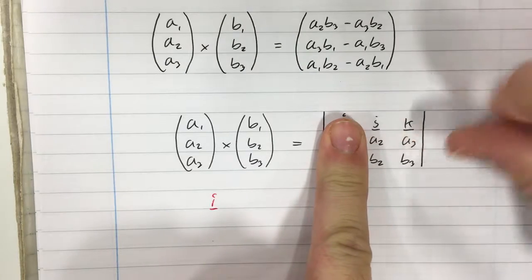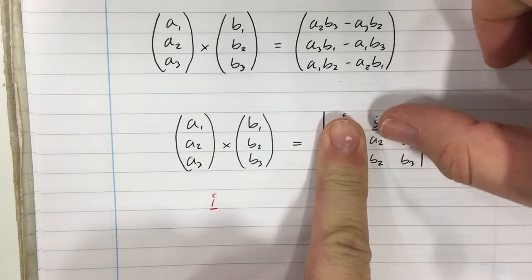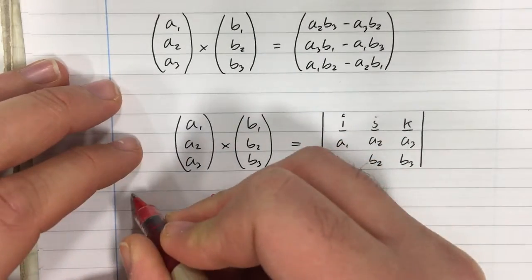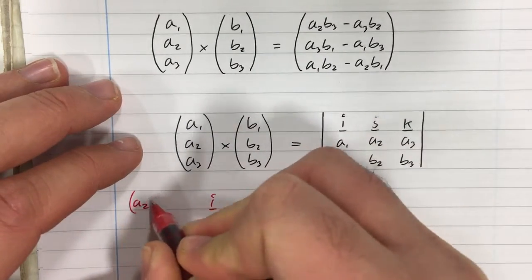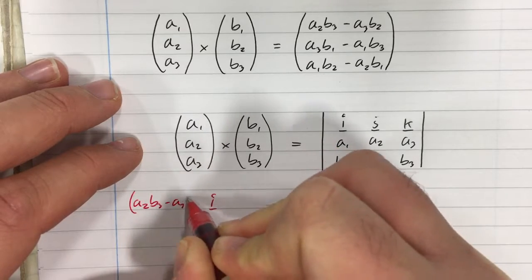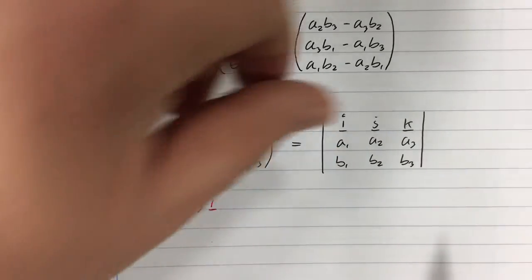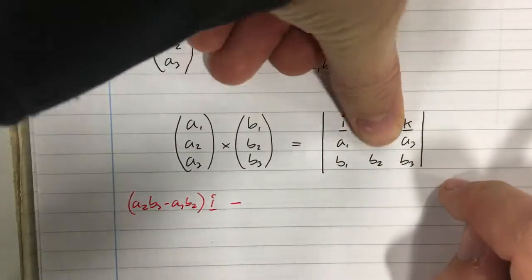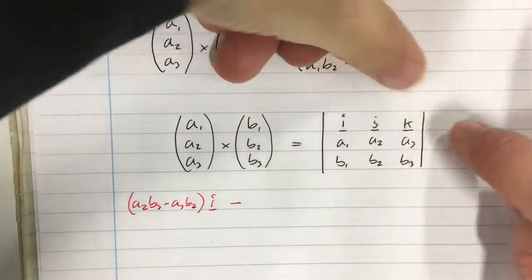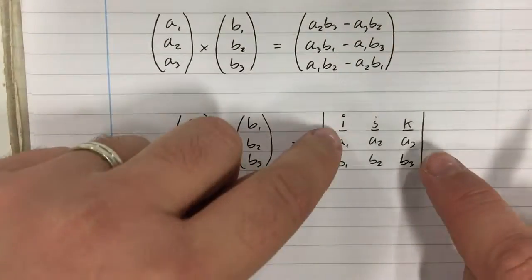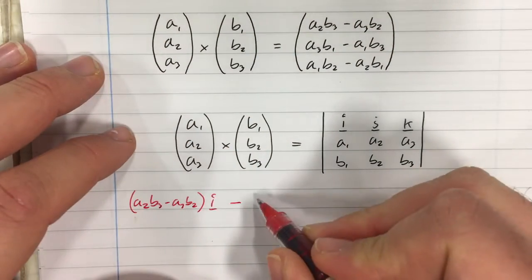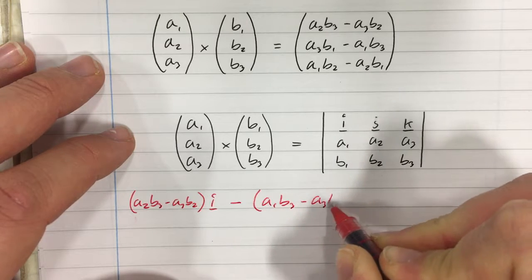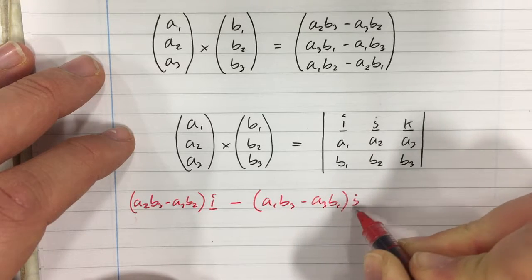So it's the determinant of this 2x2 matrix left down here, which is A2 B3 minus A3 B2. J, this is in a negative position, so it's actually minus. Again, multiplied by the determinant of its minor, so delete the column, delete the row, we're left with this matrix. So that is A1 B3 minus A3 B1 J.